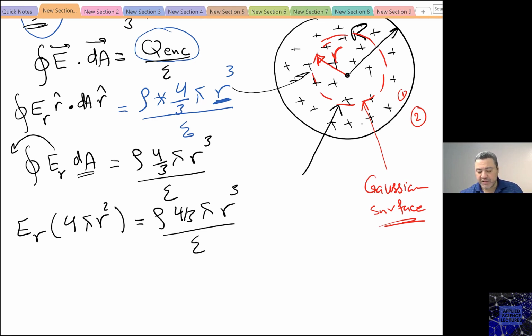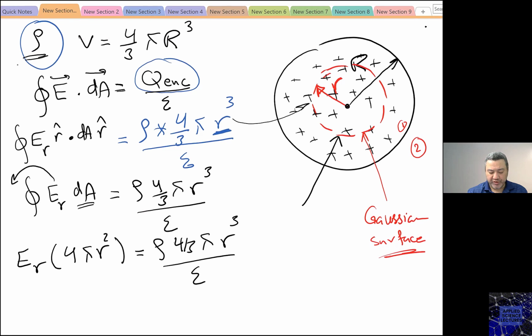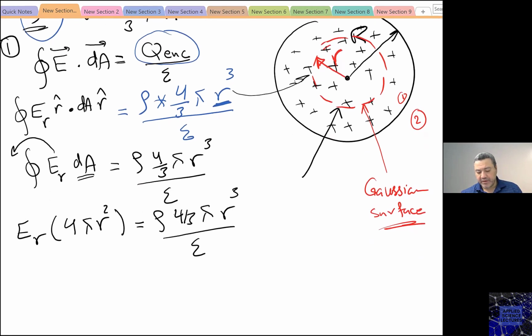Now, as long as we are inside region number 1, this Gaussian surface is the one capturing the charges.